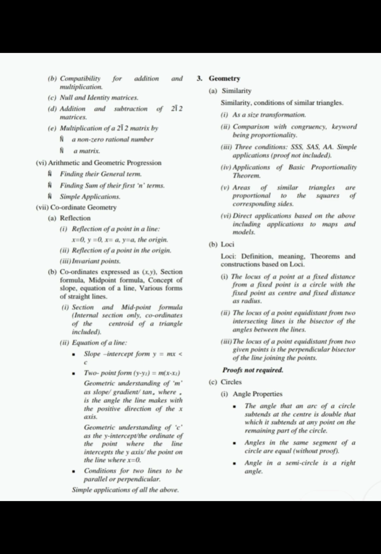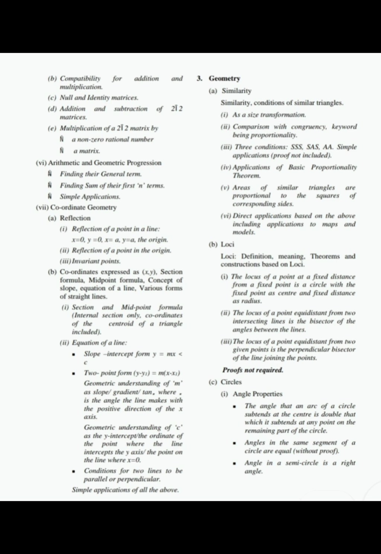Coordinate geometry. First, reflection. Reflection of a point in the lines x is equal to 0, y is equal to 0, x is equal to a, y is equal to a, and the origin. And reflection of a point in the origin and invariant points.